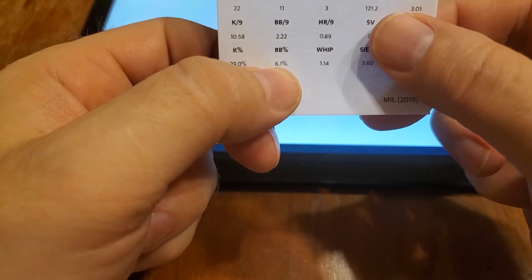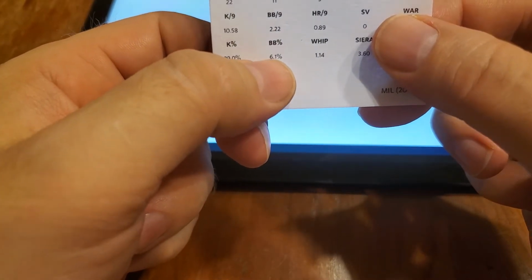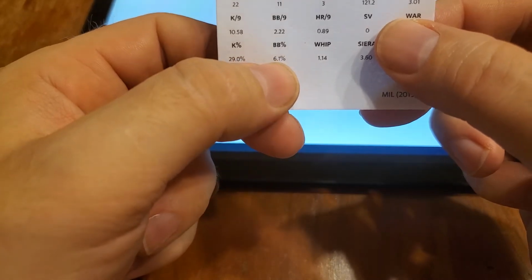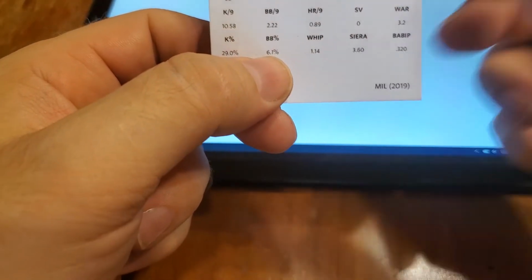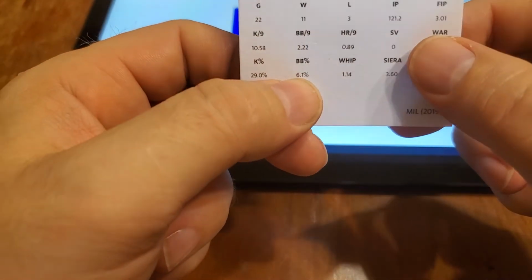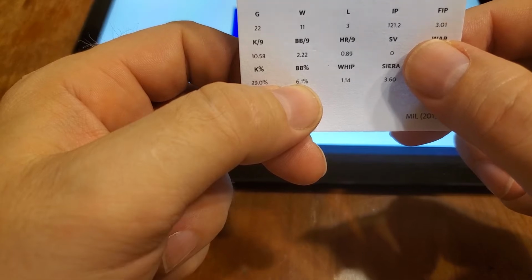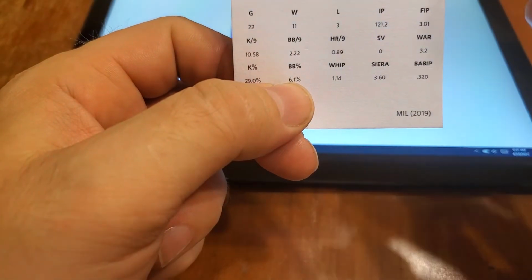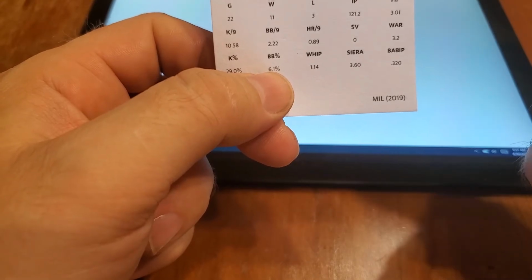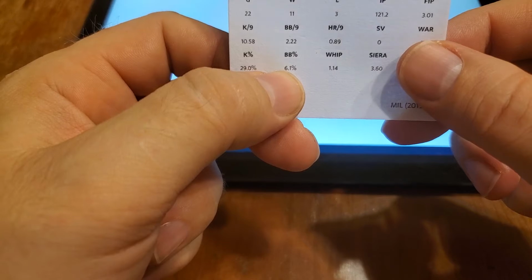Regardless what the decimal place is, we round it down. So his walk percentage is 6. 100 minus 6 is, what was that, 94? That's not true. 95. 6, 7, 8, 9, 100. So it's a 95.